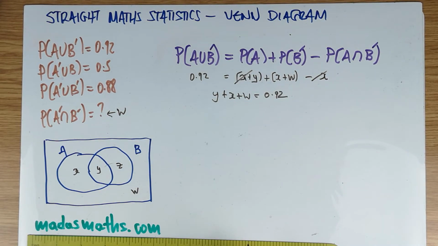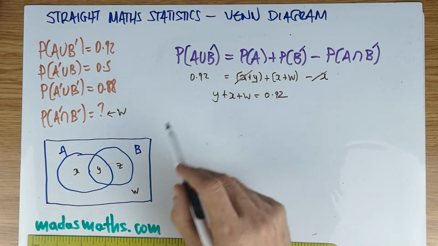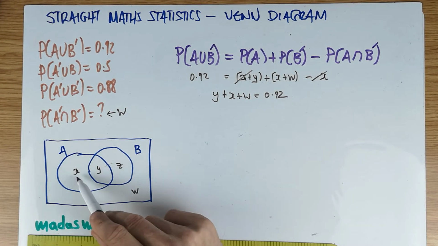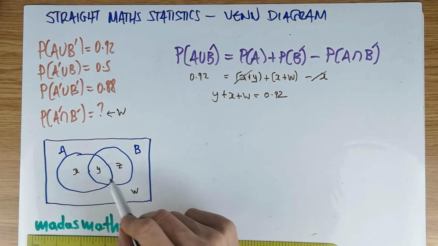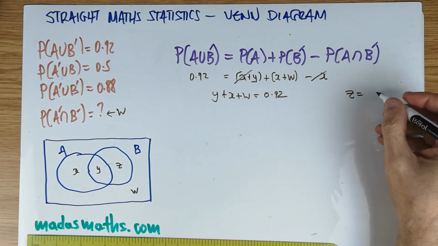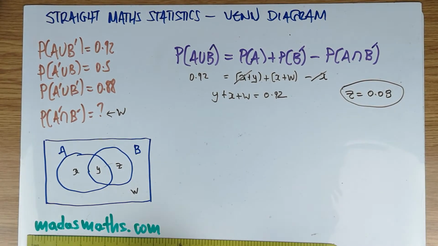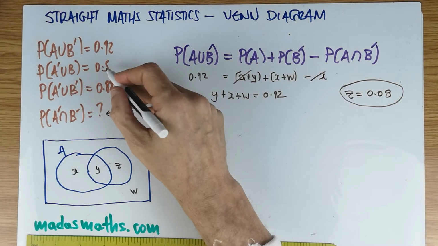Okay, so if you look now at this particular question and see what has just taken place, it says these three things, the y, the x, and the w, is 0.92. We found our z straight away. It has to add up to 1. So z is 0.08.